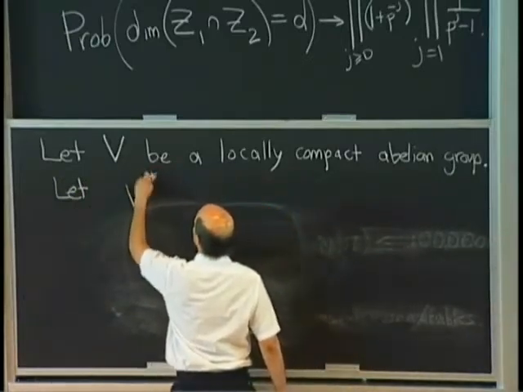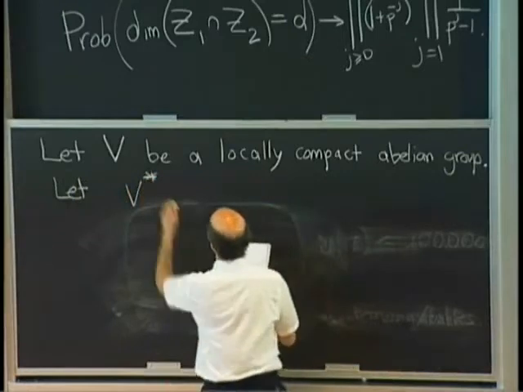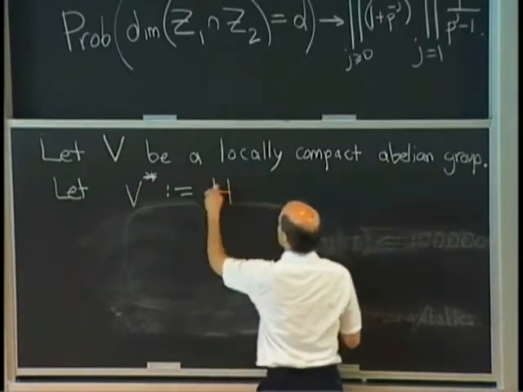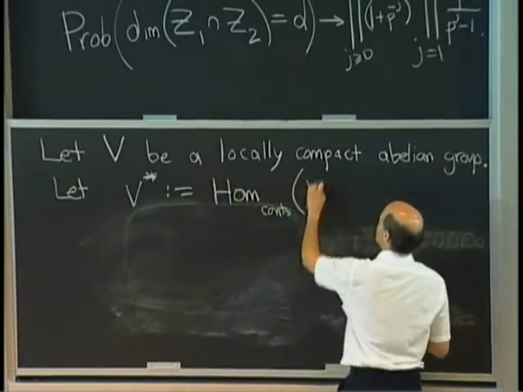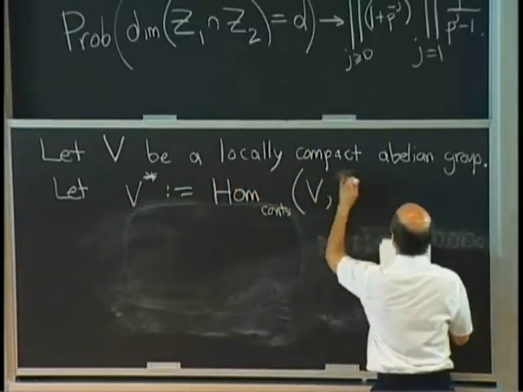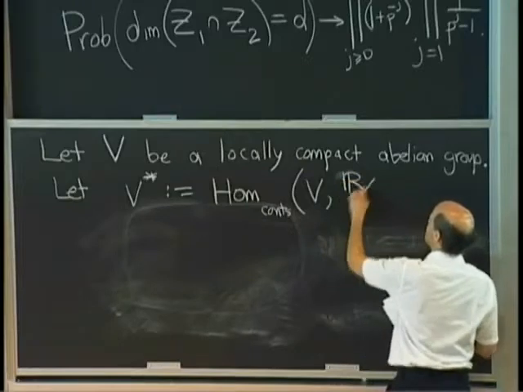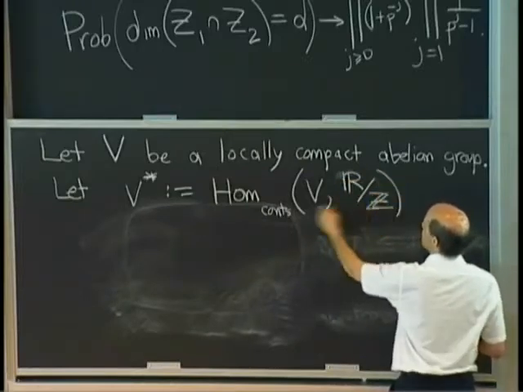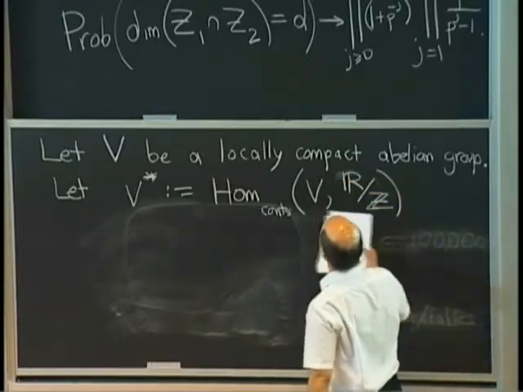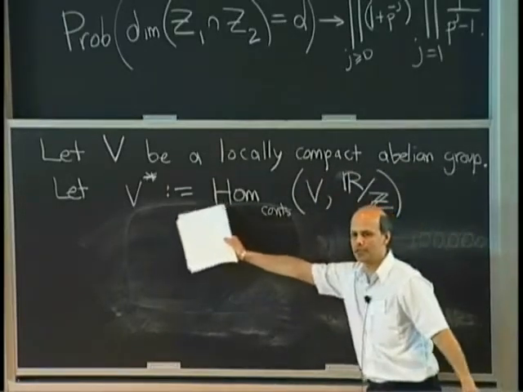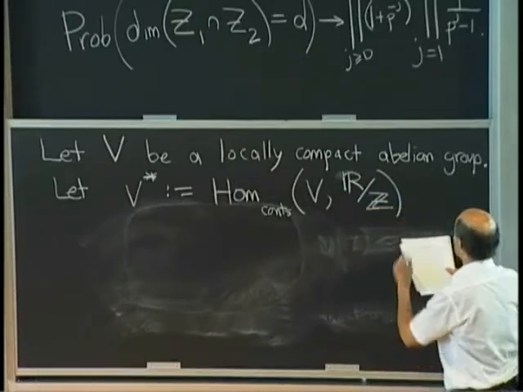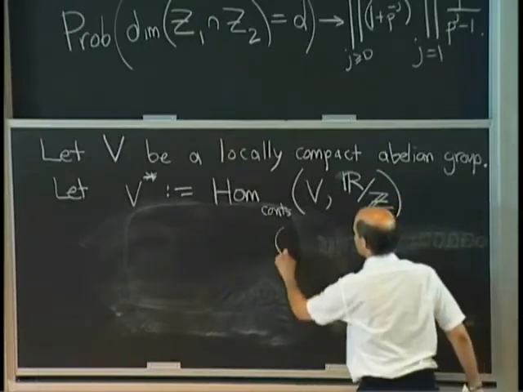You can define the Pontryagin dual: you take all the continuous homomorphisms from V to the circle group R mod Z, and then you give this a topology, and it becomes another locally compact abelian group, and V double dual is isomorphic to V. So this is the Pontryagin dual.